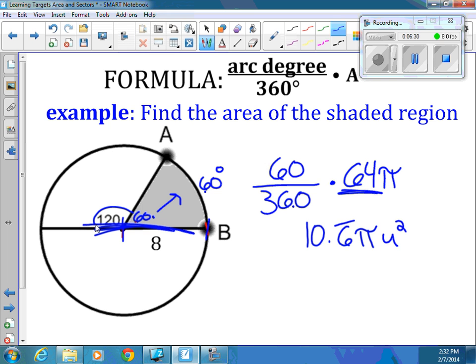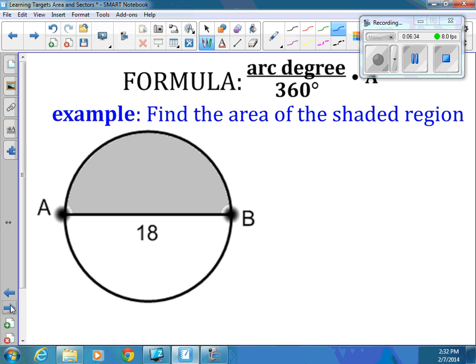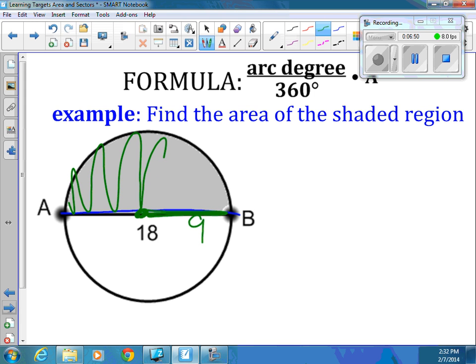All right, let's take a look at the next one together. All right, same thing. What you've got to be careful of here, though, is this time we're given the entire diameter. All right, we only need the radius, so we need half of that. So if the diameter is 18, what's our radius going to be? 9. All right, now, the entire shaded region is half of our circle. Well, how many degrees is half of a circle? It's 180.